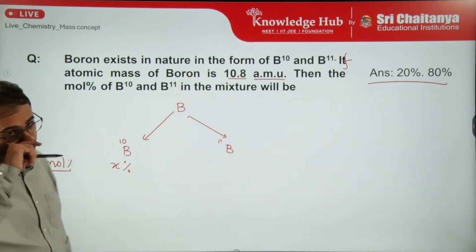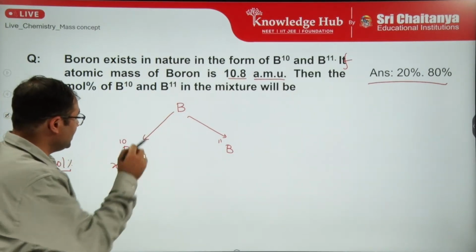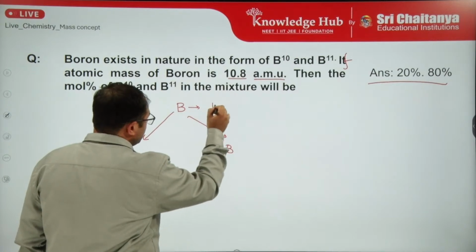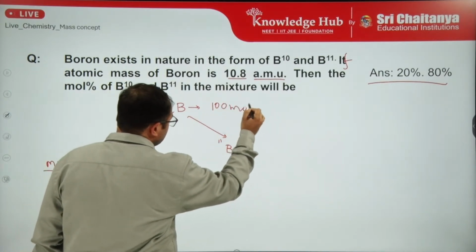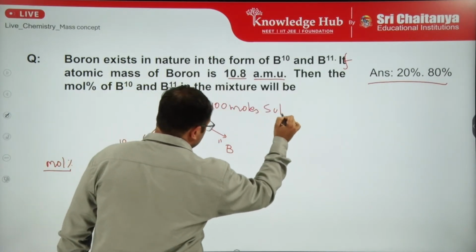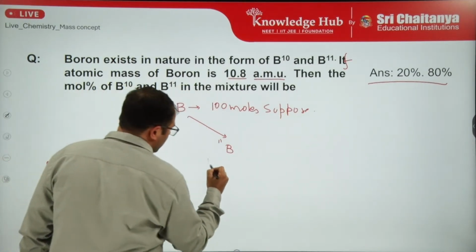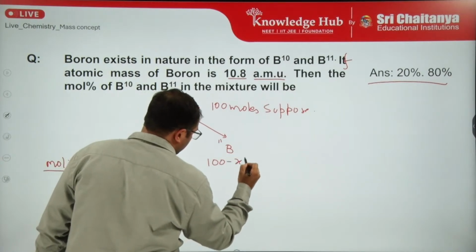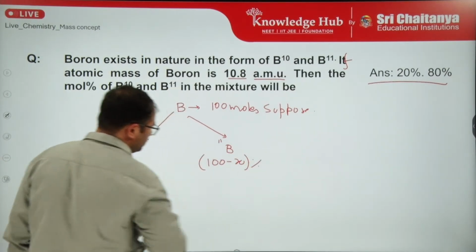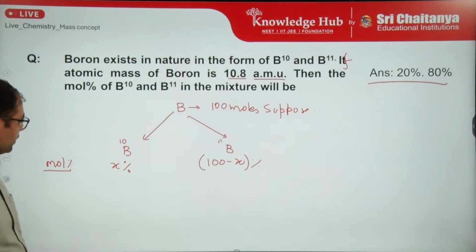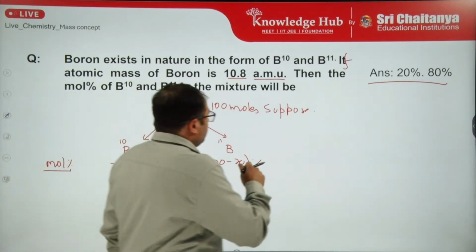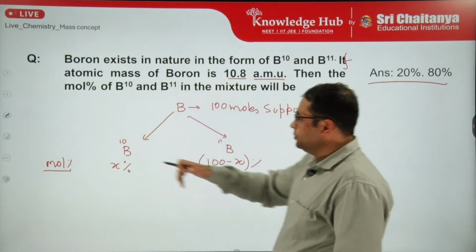If the mole percentage of boron 10 is X percent, then if this is total 100 moles, suppose, then the mole percentage of this will be 100 minus X. Correct? Now the things are much simpler.